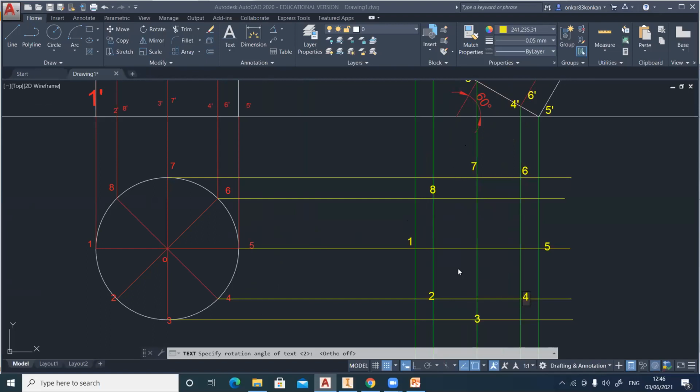We have to draw this by using the French curve, or you can use freehand drawing.